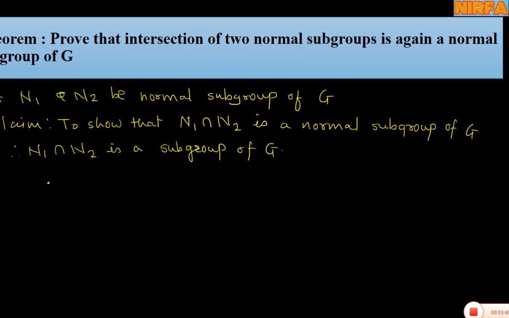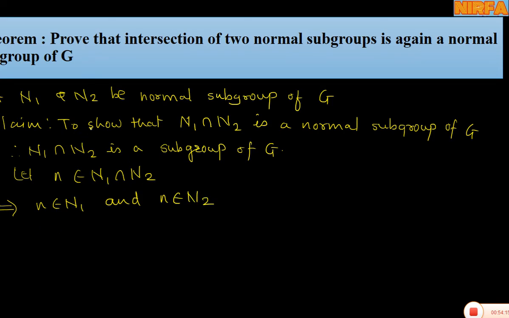For this purpose, we have to take one element from this subgroup. So let n belongs to N1 intersection N2. Since n is a member of the intersection, we can imply that n belongs to N1 and n belongs to N2 because of the intersection.